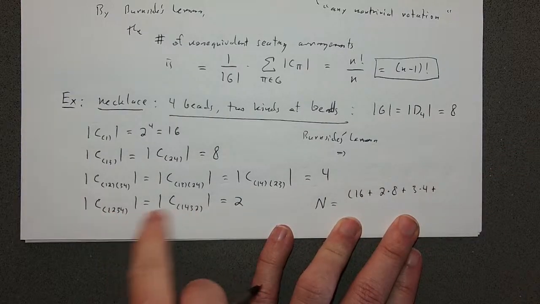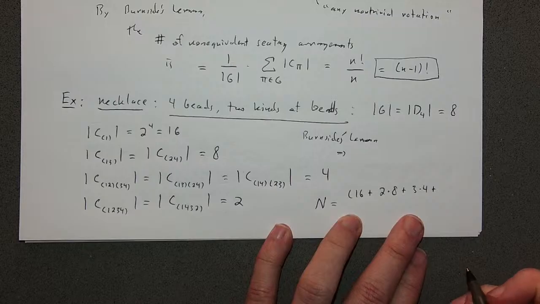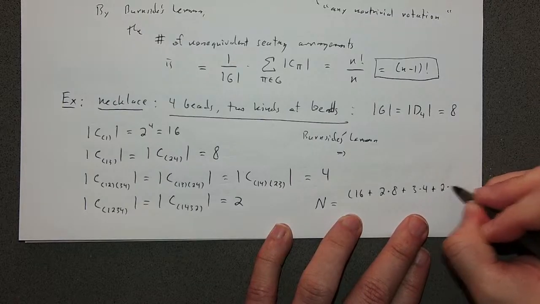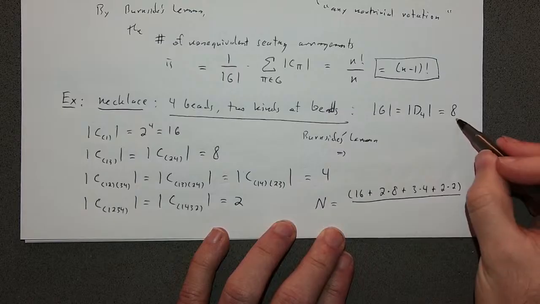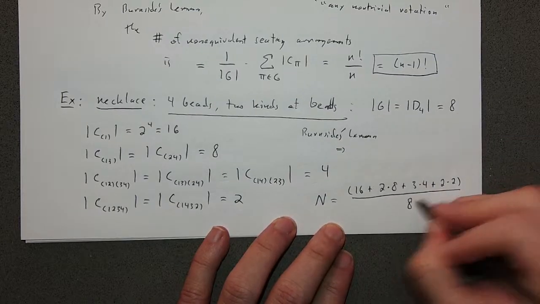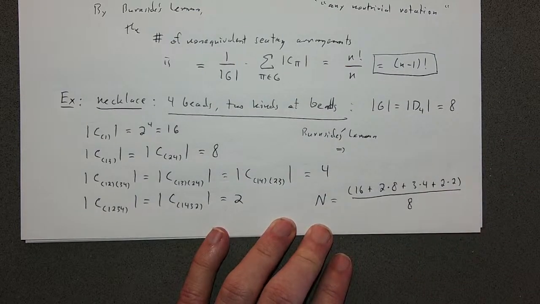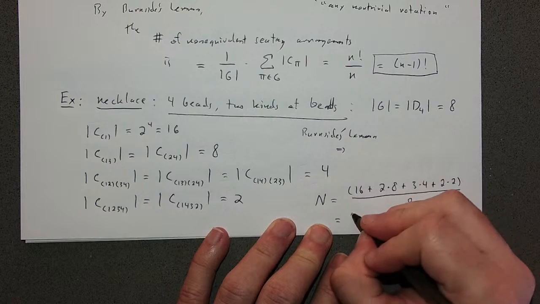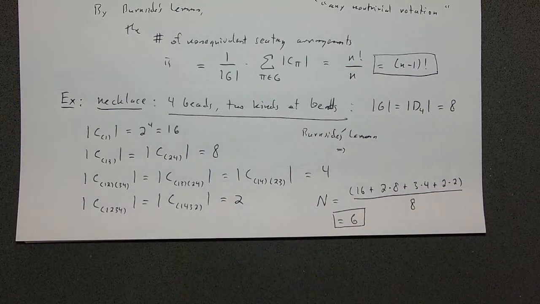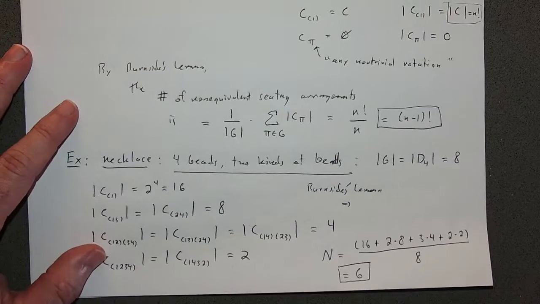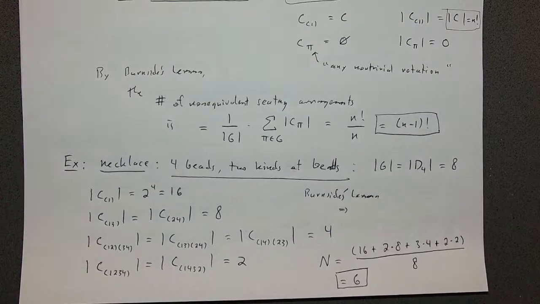Plus there's two terms in the sum which are 2, so that's 2 times 2. And we're dividing all of that by the size of our group, which is 8. And this is 6. So there are 6 such necklaces.